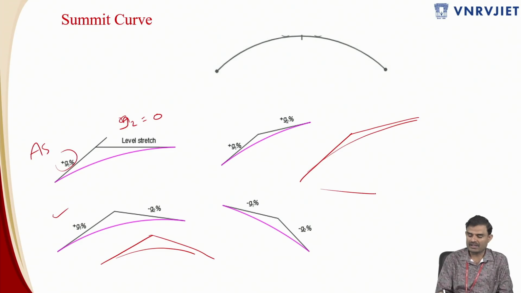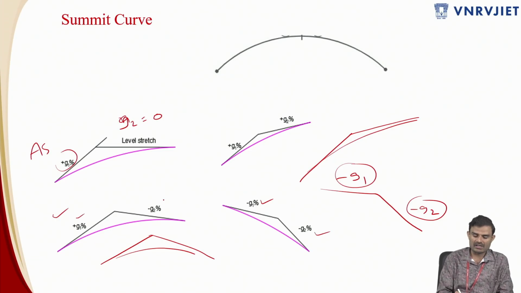Again, a falling gradient meeting another steeper falling gradient. Every time a falling gradient is represented as minus, and this is also minus, but this one is a lesser value, a mild gradient, and this is a steeper value, again a falling gradient. Rising gradient is plus and falling gradient is minus.